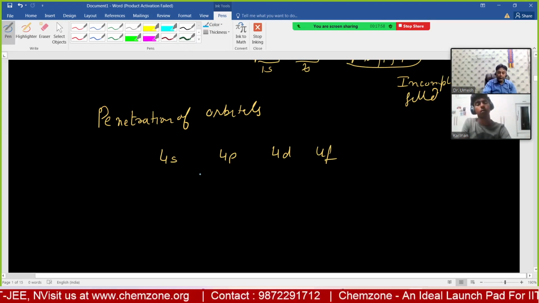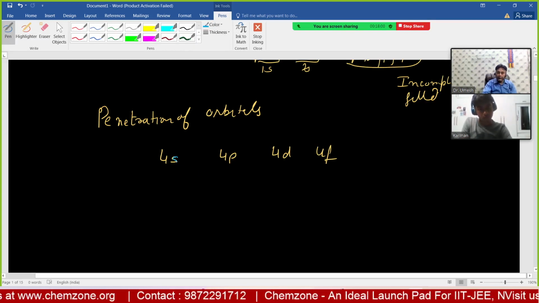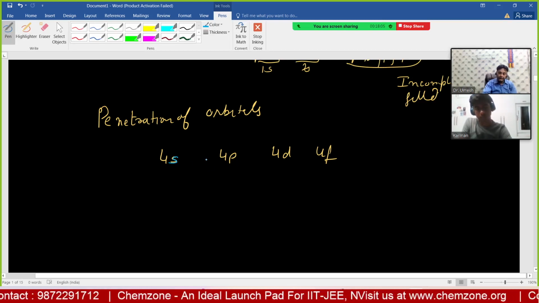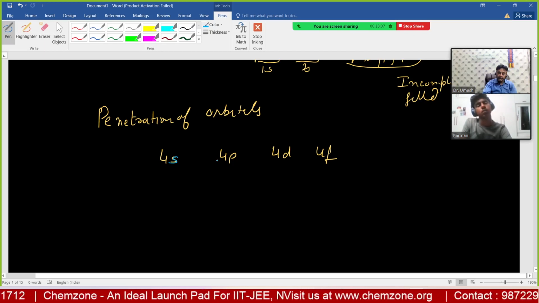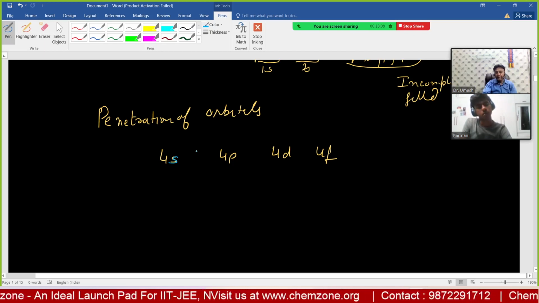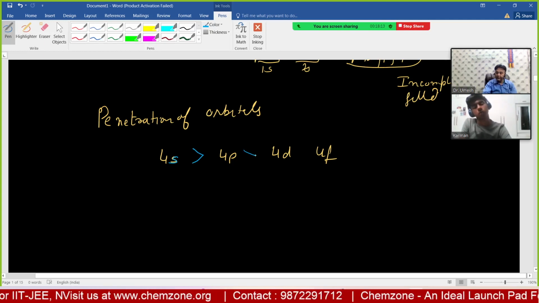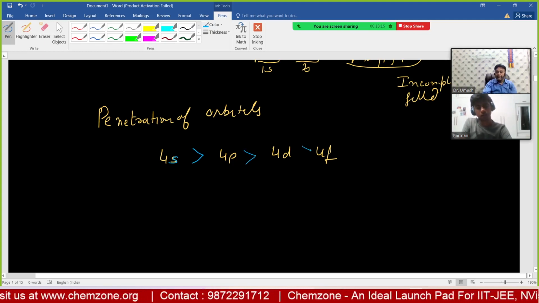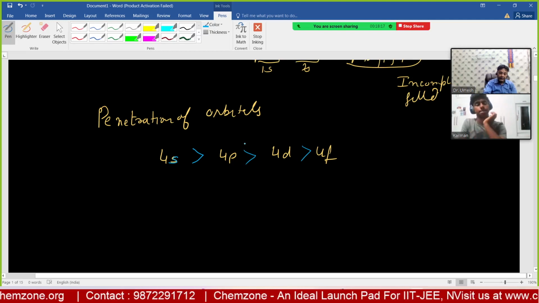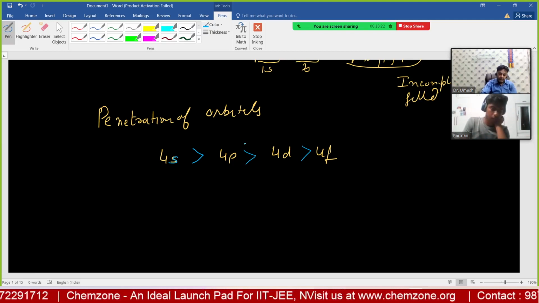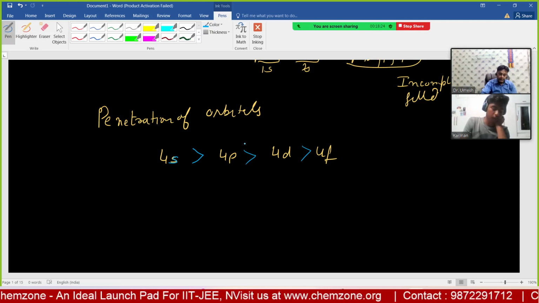Which is closer to the nucleus? 4s. It means to remove an electron from 4s, we require more energy as compared to 4p, and this is the decreasing order of energy.